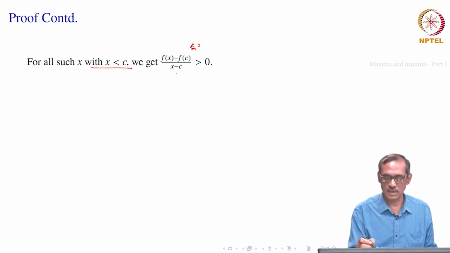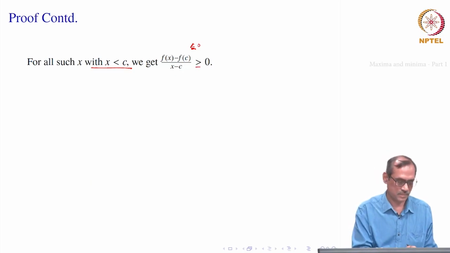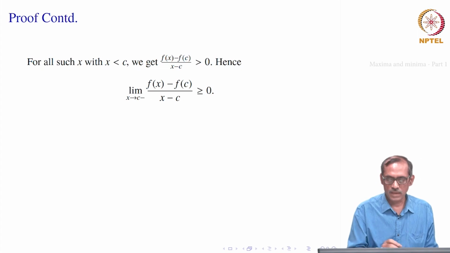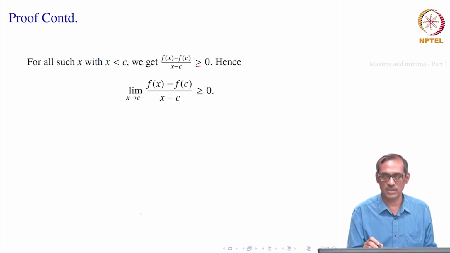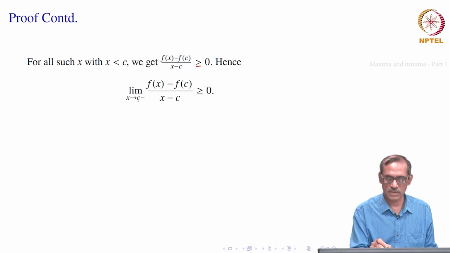So, we do not need that, or if you want to include it, you can also write greater than or equal to 0. Okay. So, even if you take greater than or equal to 0, if you take the limit, since all these values are greater than or equal to 0, the limit also must be greater than or equal to 0 and the limit exists. So, the limit as x goes to C minus of f of x minus f of C by x minus C is greater than or equal to 0.